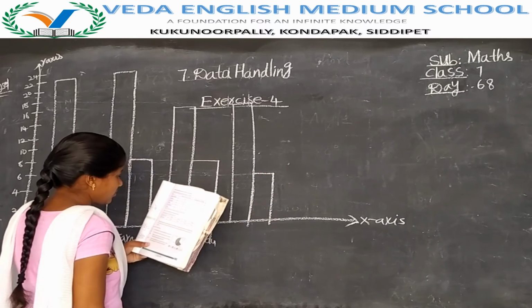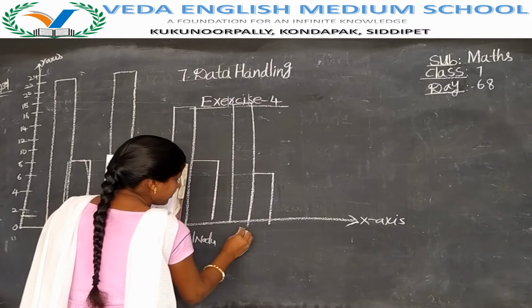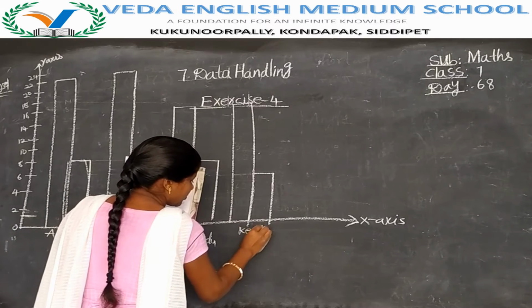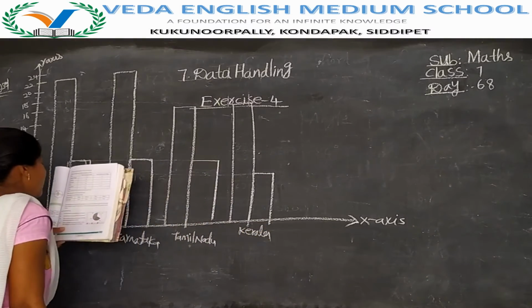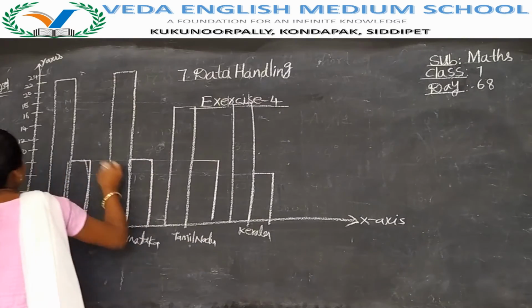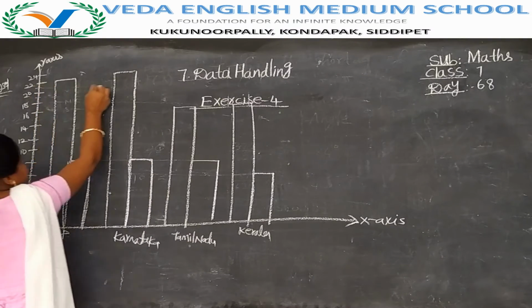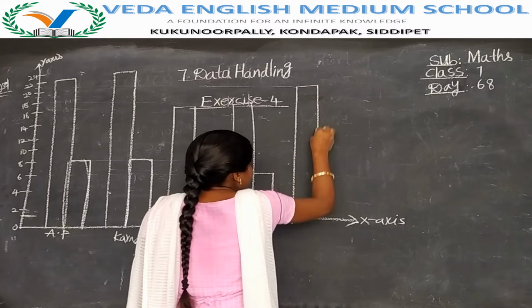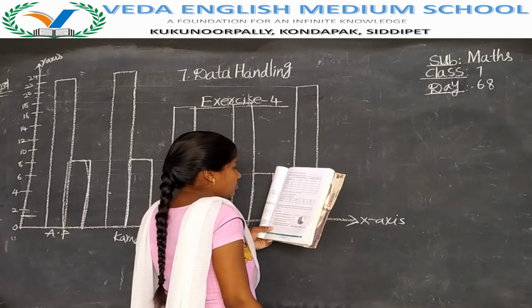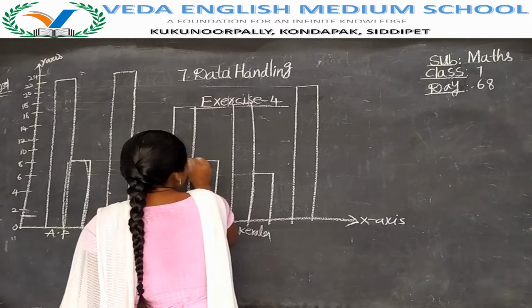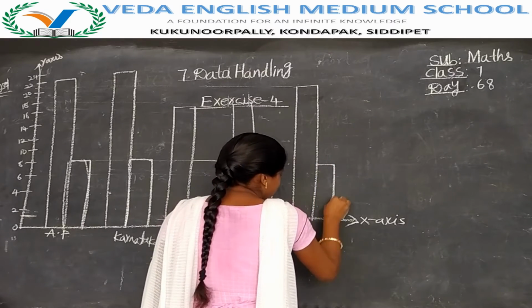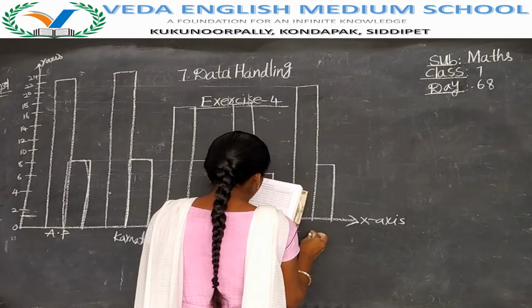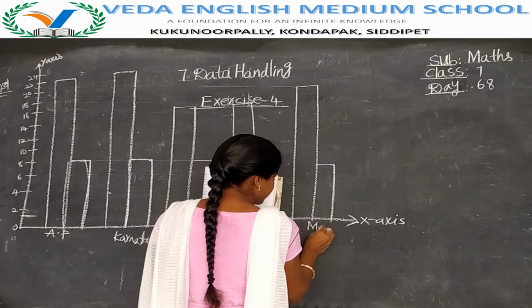Tamil Nadu, Kerala. Maharashtra, 21 and 8. After 20, the middle line is 21. Then 8. Where is 8? Here we have 8. It is Maharashtra.